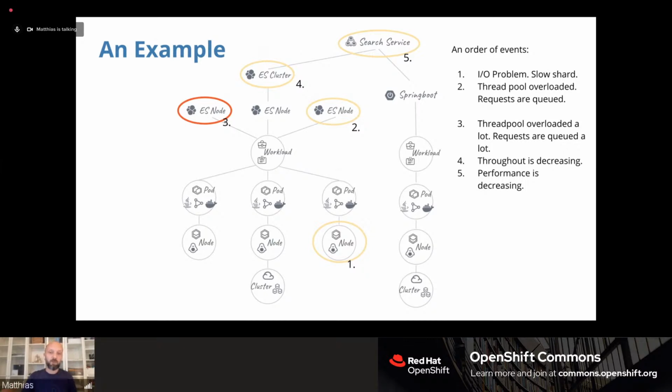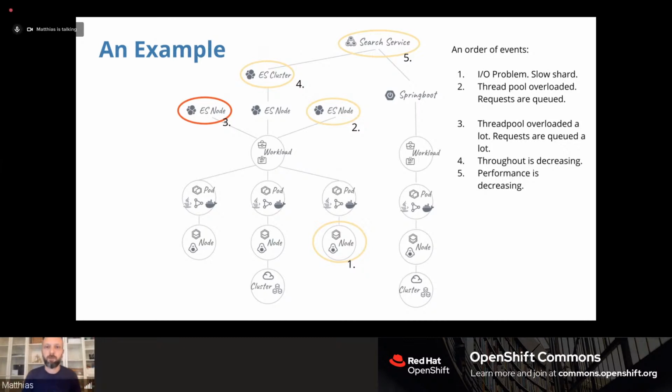I'm circling the yellow circles, which are kind of warnings to your system. And then another Elasticsearch node needs to take over, and there the thread pool is so overloaded that it goes beyond a certain threshold, and requests are queued so much that it can't fulfill the service it was supposed to. So the overall cluster throughput is decreasing, and the performance of my service application is also decreasing.